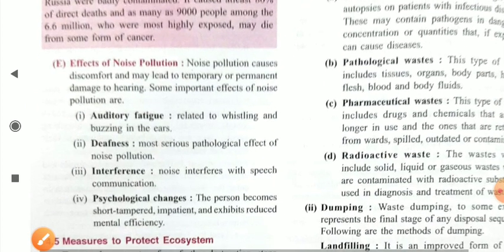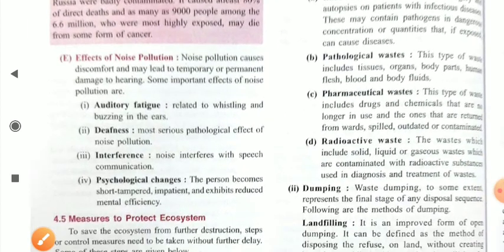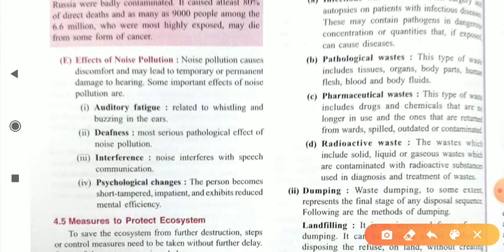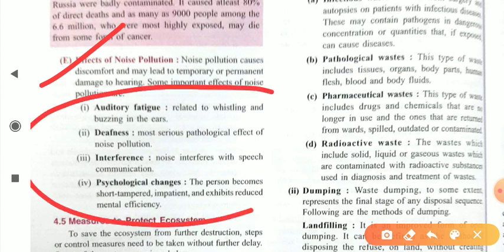Okay, dear student, now the next is the effect of noise pollution. Noise pollution causes discomfort and may lead to temporary or permanent damage of hearing. Some important effects of noise pollution are: one is auditory fatigue, related to whistling and buzzing in the ears.